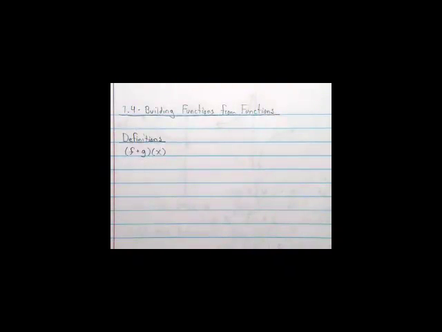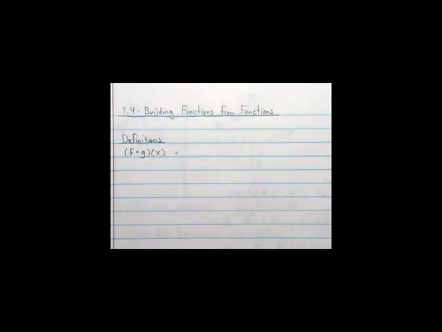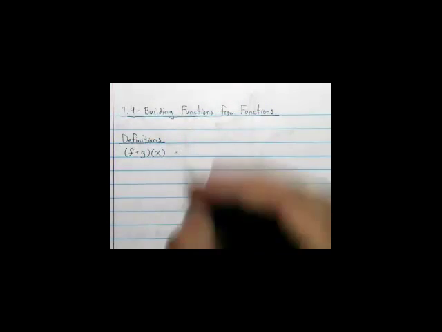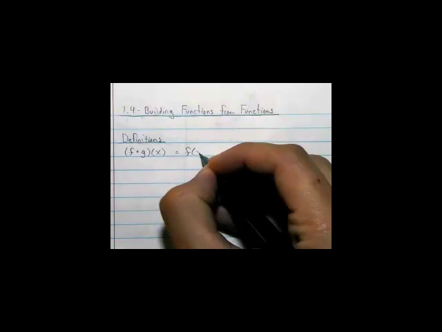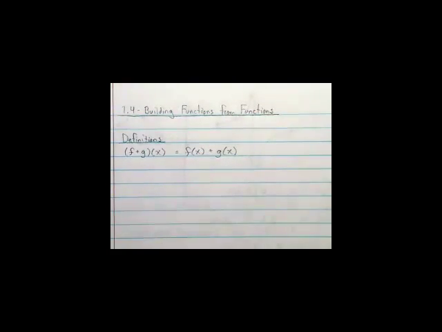So it's not just f of x or g of x, it's f plus g of x. What that means is that if you have these two different functions, f of x and g of x, this particular function would be just the addition of those two. So it equals f of x plus g of x. We'll do some examples in a minute.